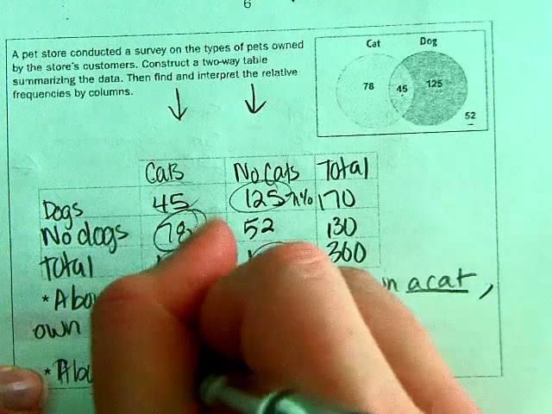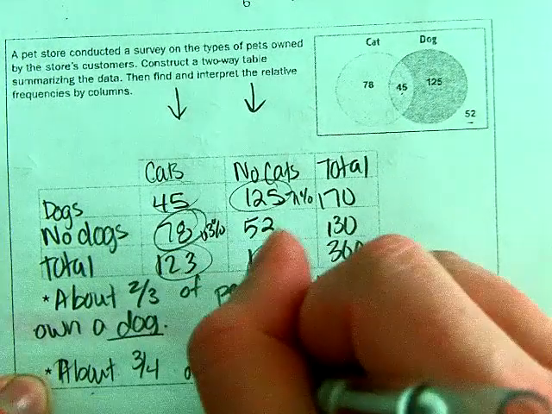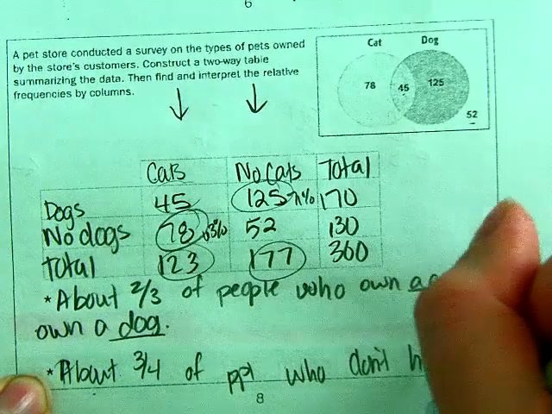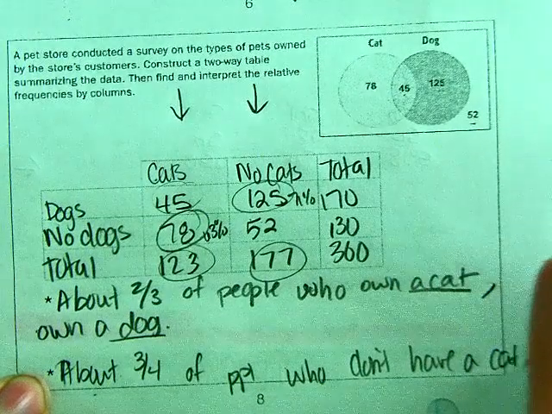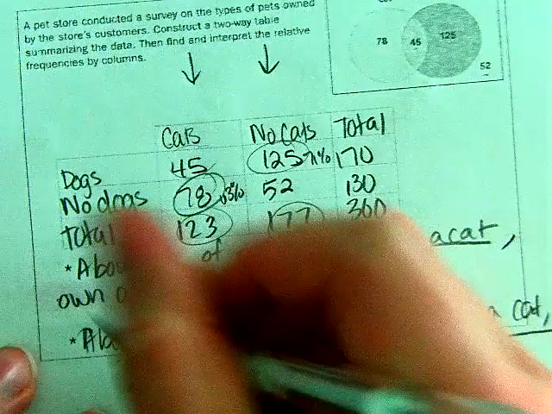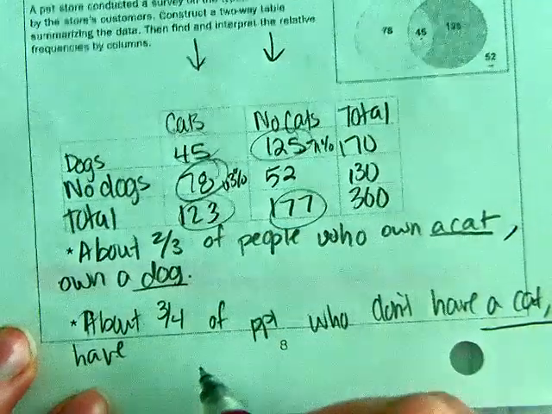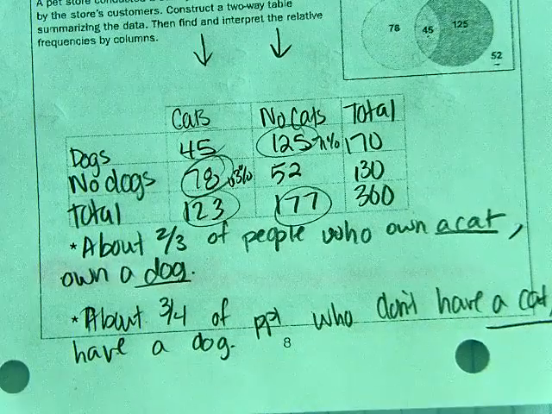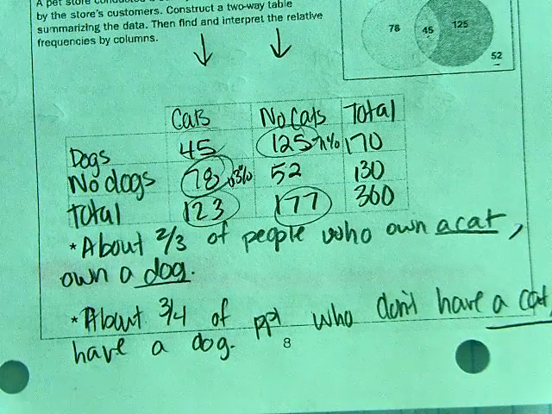About 3/4 of people who don't have a cat, there's my column first, have a dog. So there's two different types of things to talk about.